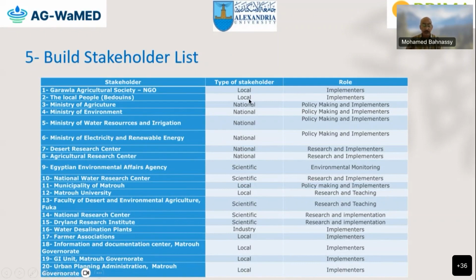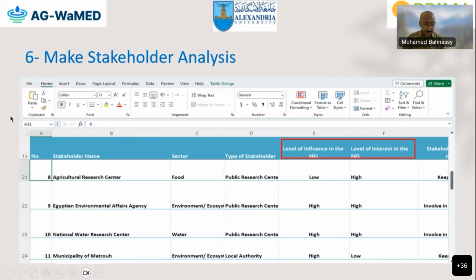Some of them are local, some of them are national, some of them are scientific, some belong to industry, so it should be diverse. Once we gather the list of stakeholders, we make an analysis of stakeholders.